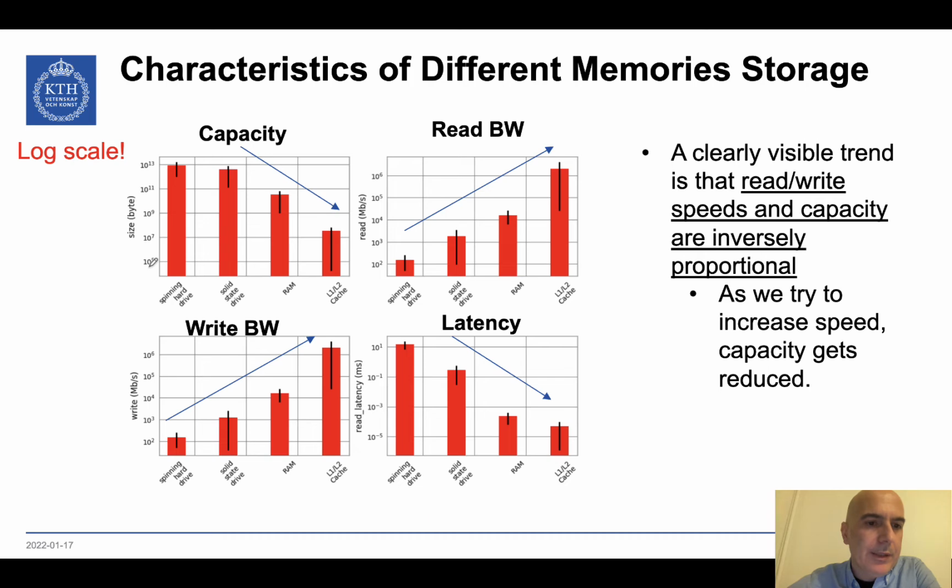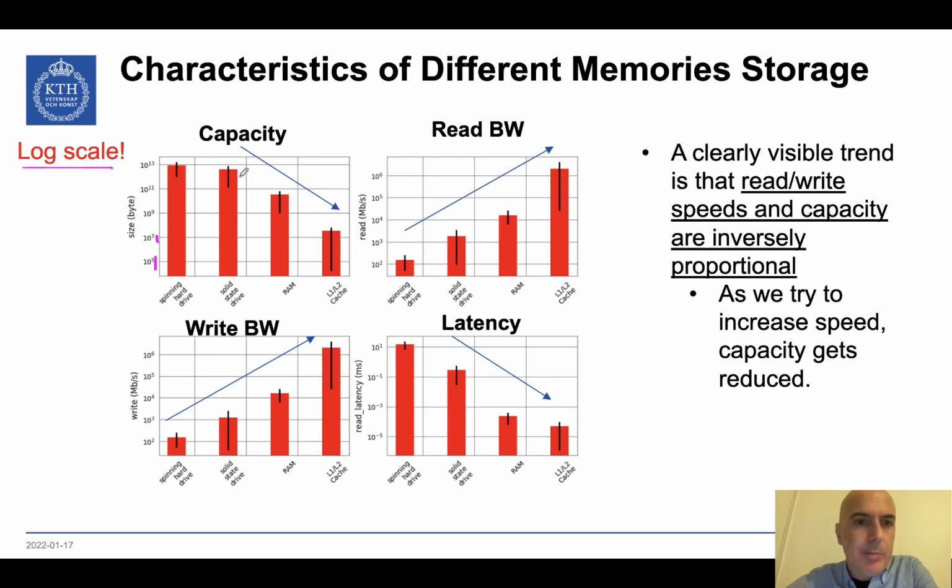The important part that I want to emphasize is that all these plots are on a logarithmic scale. That means that even a small difference in the plot is actually a big difference.